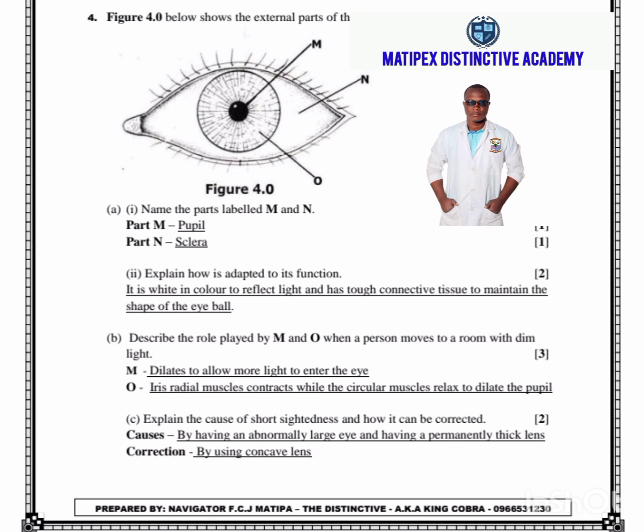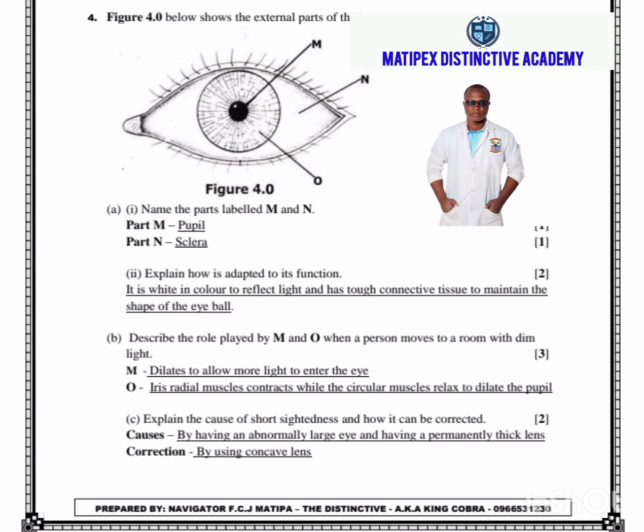Then long sight is called hypermetropia. Now the question is, how is this short sight caused and how can we correct someone who has short sight? So what causes short sight?